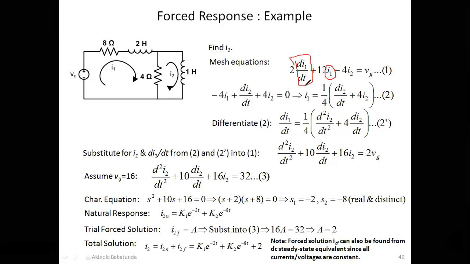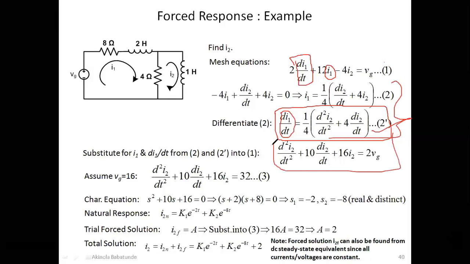To find dI1/dt, you just differentiate your I1. Differentiating this I1, you will obtain something like this. This is just simple mathematics, differential equations. Once you differentiate that, you can easily replace the dI1/dt you have here with what you obtain after the differentiation. So you put these two expressions in equation 1, and when you do that, this is what you come up with.